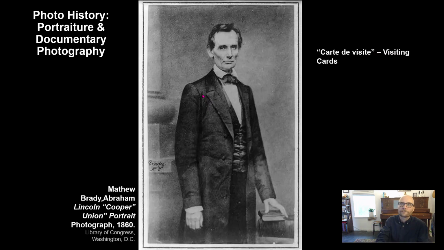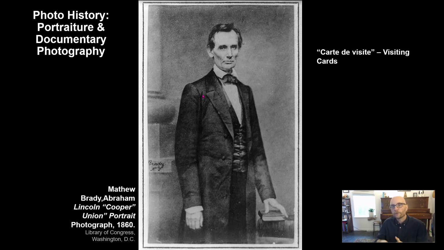So, photographs. This is another very famous photograph. This is not in your book, but I want to include it here because it's an important photograph. This is a picture by an American photographer named Mathew Brady of President Abraham Lincoln, although he wasn't president when this was taken. Future President Lincoln was on the campaign trail, and he was in New York, and he goes into Mathew Brady's studio to take this picture before he makes a speech at Cooper Union College.